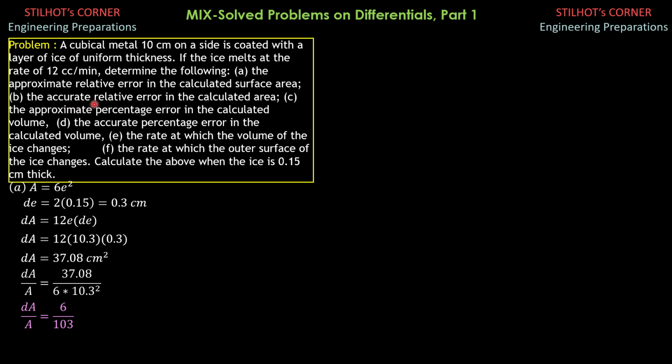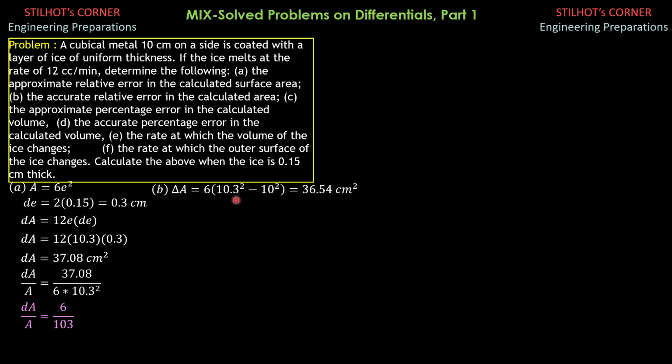The accurate relative error in the calculated area would be delta A over A, where delta A is the outer surface area, 6 times quantity 10.3 squared, minus the inner, 10 squared. So delta A is 6 times quantity 10.3 squared minus 10 squared, the dimension of the cubical metal.